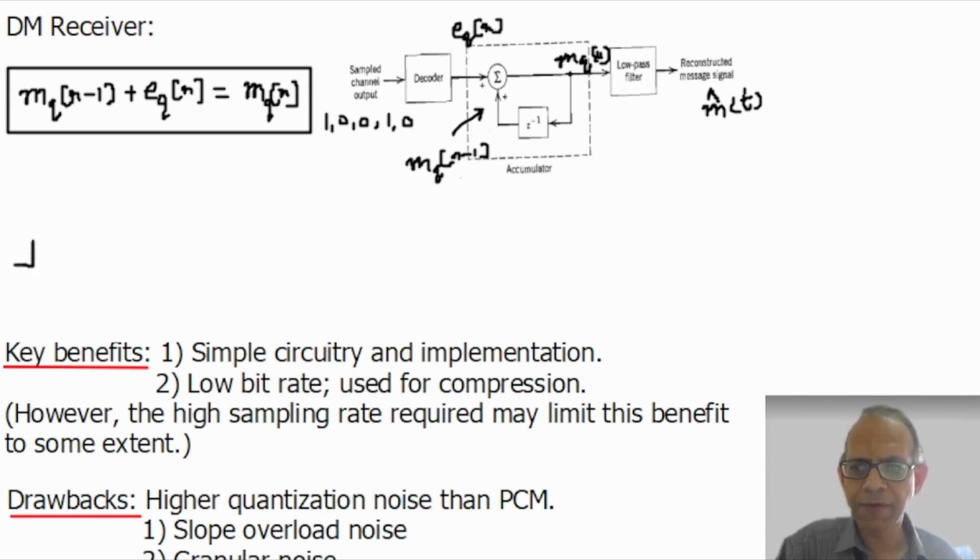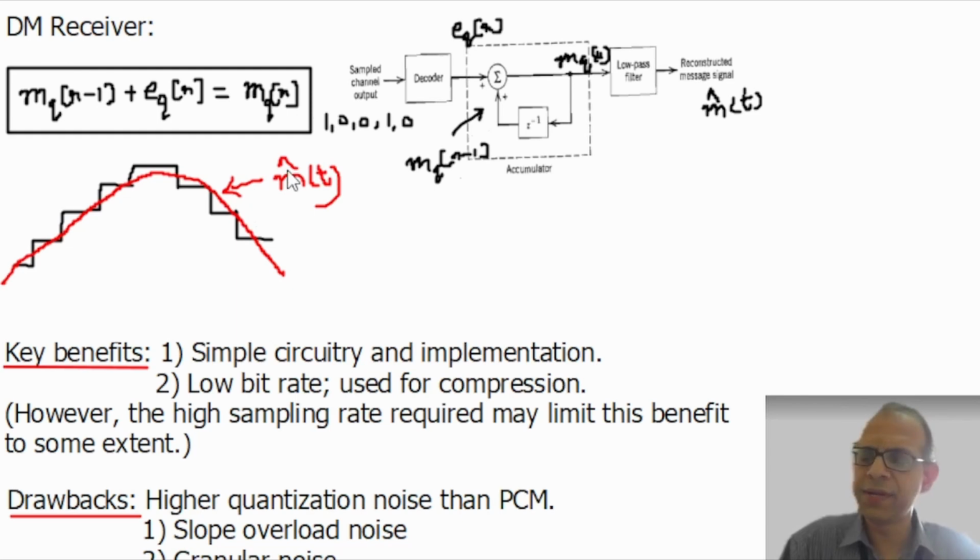The mq[n] is of this form, some staircase approximation of the original message, something like this, depending on the message, of course. And when it is passed through a low pass filter, we get a smooth version of it, and this is our m hat.